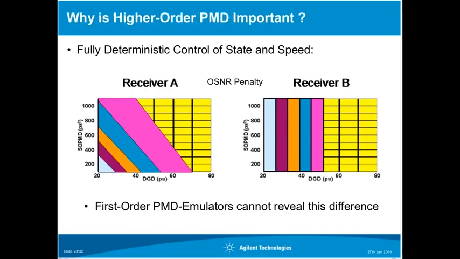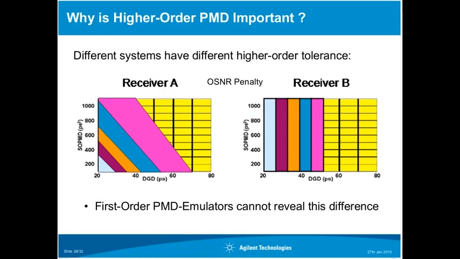If we look at these diagrams here, on the x-axis there's first order, and on the y-axis you have second order. So there might be receivers which have some certain tolerance to first order DGD. Then you walk on the x-axis here, you will see this. But they also have some sensitivity against second order PMD.